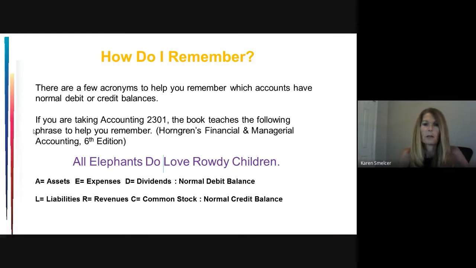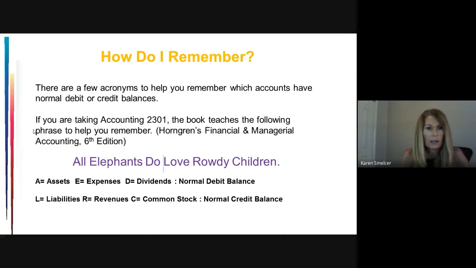So you're probably saying to yourself, how in the world am I going to ever remember all of this? As you go through accounting and use these transactions more and more, it will start to become second nature to you. But initially, of course, it is not. So there have been some acronyms developed.